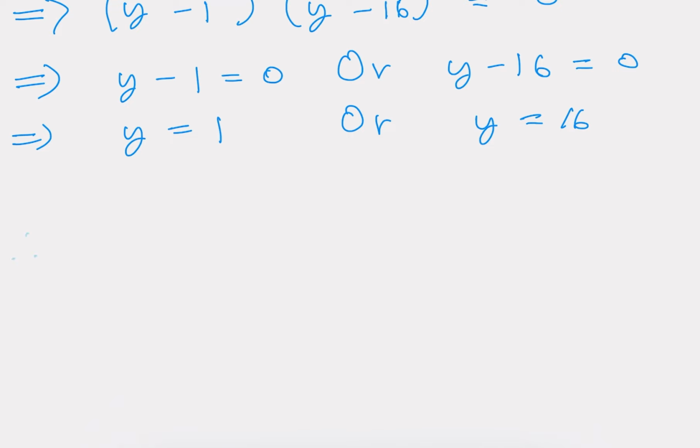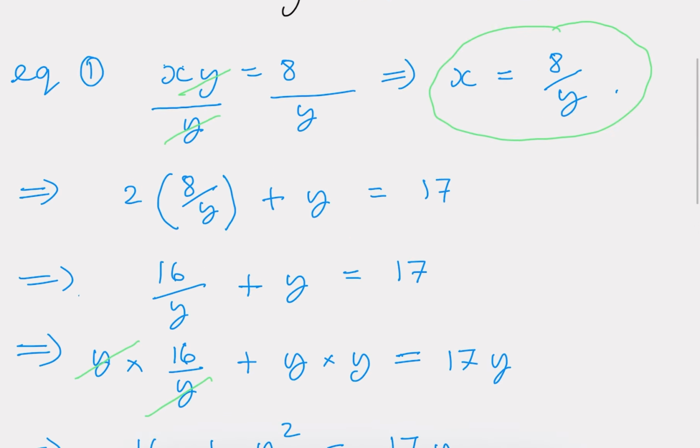So we say therefore, y is equal to 1. So this is now for the solution y is equal to 1. Now y is equal to 1 implies that x is equal to 8 divided by 1, which of course is equal to 8. So we use this expression that we got from the first equation to solve for the x values.